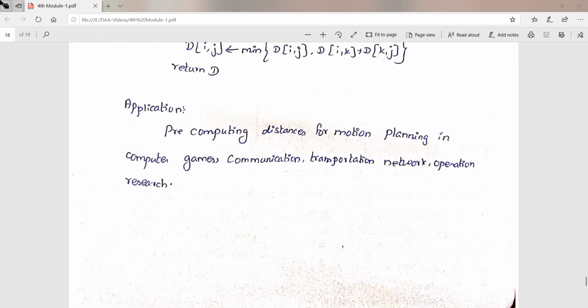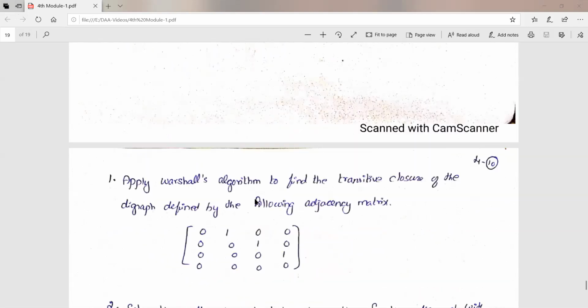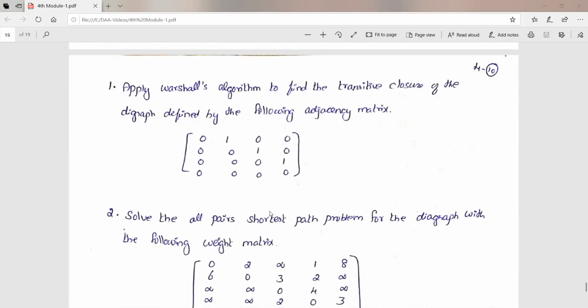So here we have to consider each and every vertex to all the other vertices. So either we can have the direct edge to find the cost, otherwise we have to find the cost using any intermediate vertices. Okay, so now these are all the different problems we can solve using the Warshall's algorithm and then the Floyd's algorithm.